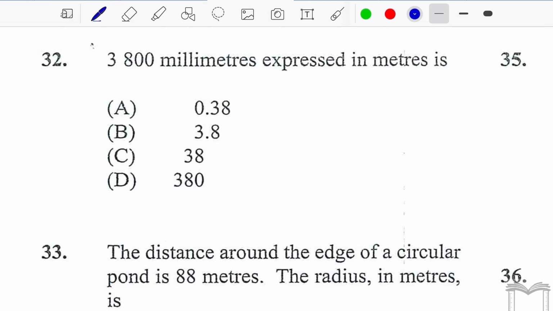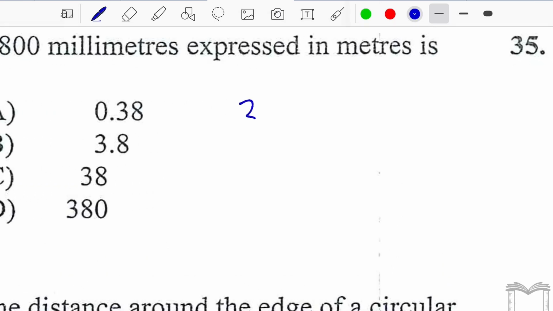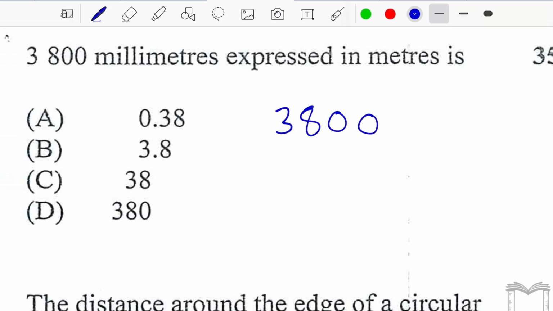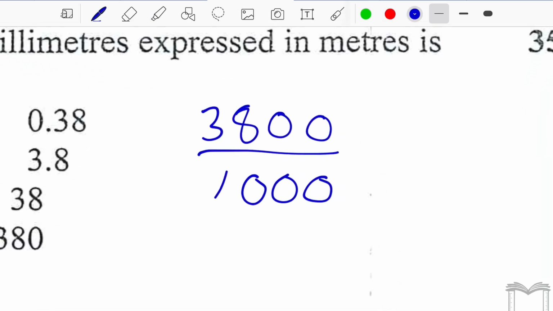Number 32. 3800 millimeters expressed in meters is, so let's write that number down, 3800, and let's convert it to meters. How do we convert millimeters to meters? This is simple. We simply divide by 1000.